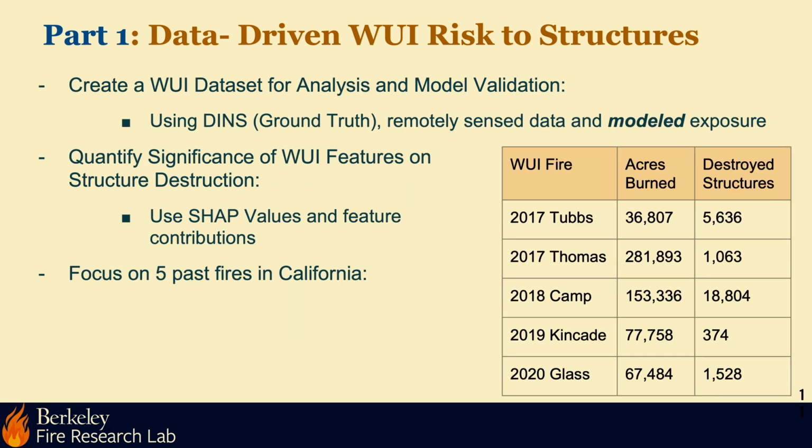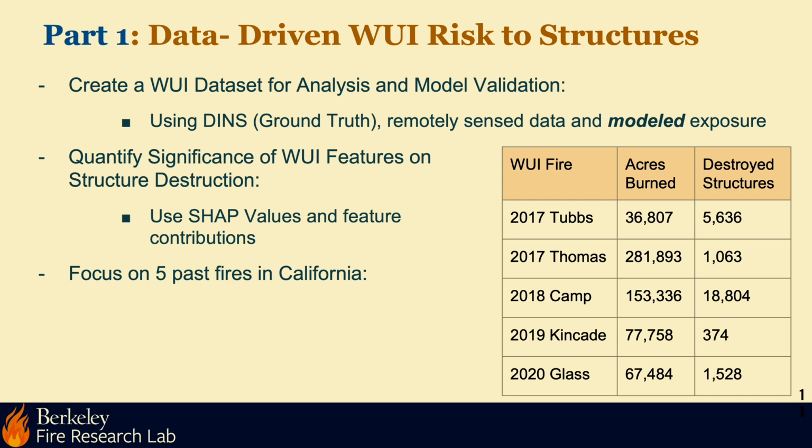And so the way we do this is to start with on-the-ground data. CAL FIRE has this damage inspection data set, Ground Truth. I've been working with them since 2014 as they do these collections after every fire, and it's gotten much better over time. Now they not only look at the structures that burned and any previous information they had, they also look at surrounding structures. So we have this nice comparative data set.